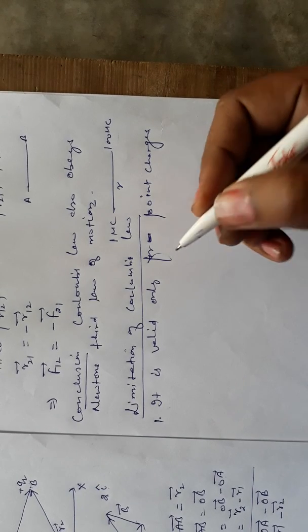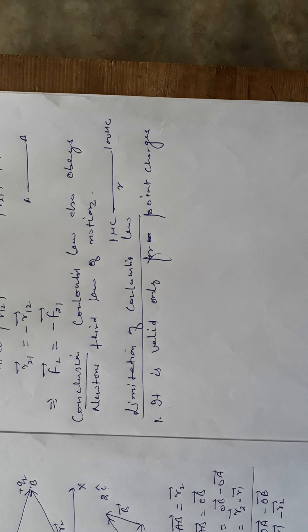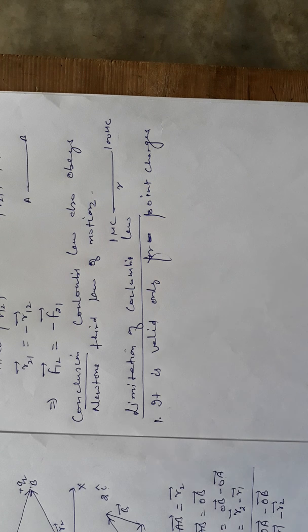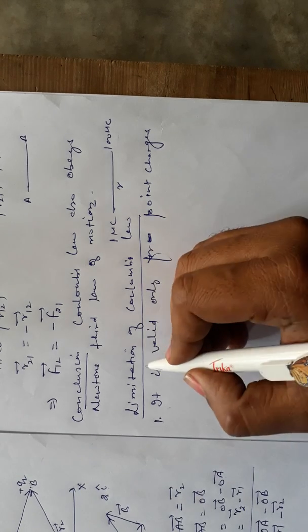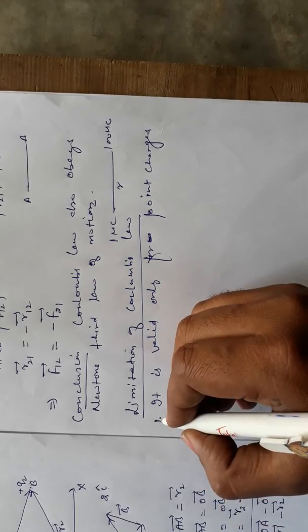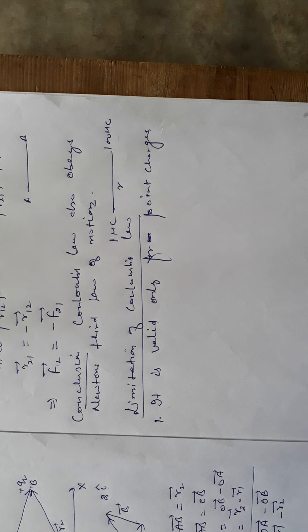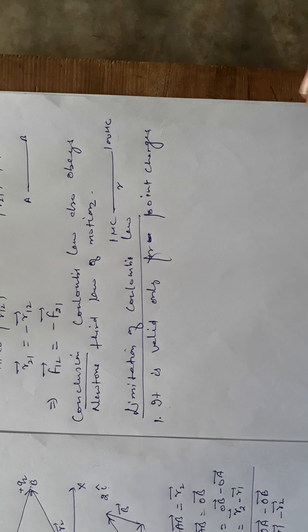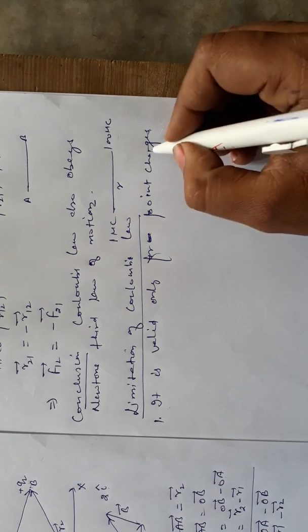Point charges means the charges whose magnitude is small in comparison to the distance between them. So if the magnitude of the charges is large, they should be kept at a considerable distance, so that they can be called point charges. Otherwise charges should be as small as possible. So it is valid only for point charges.